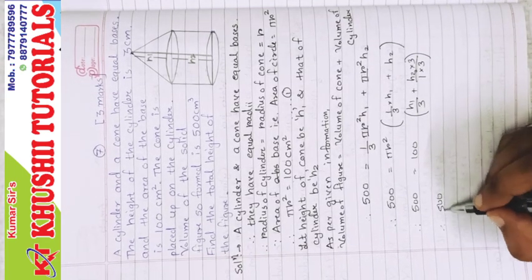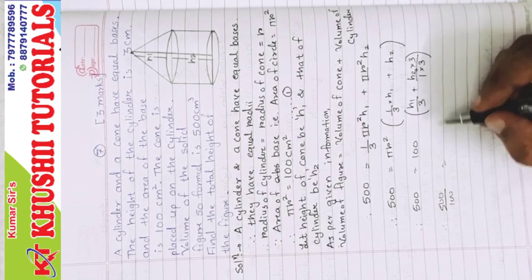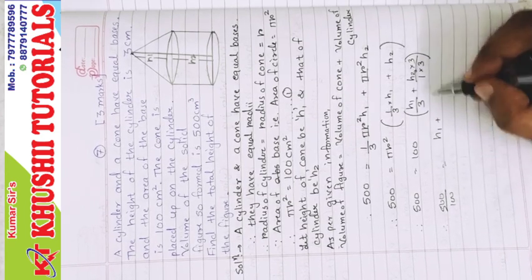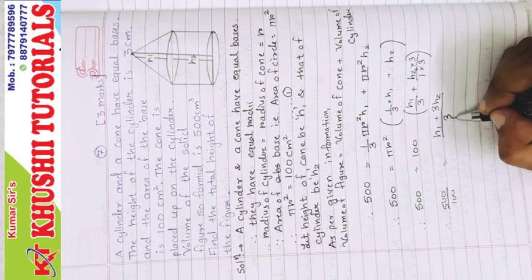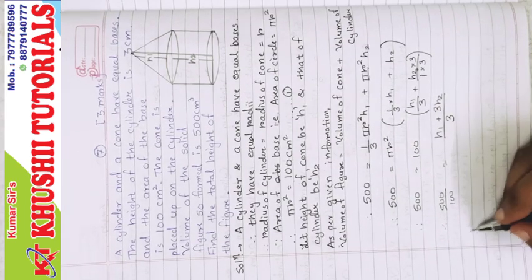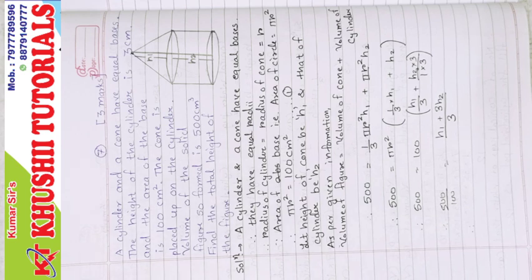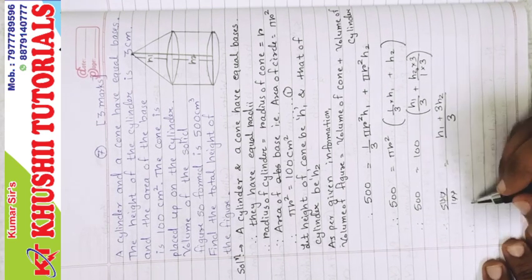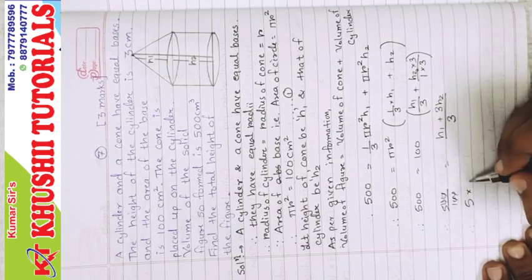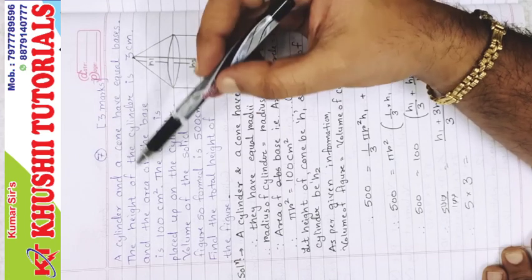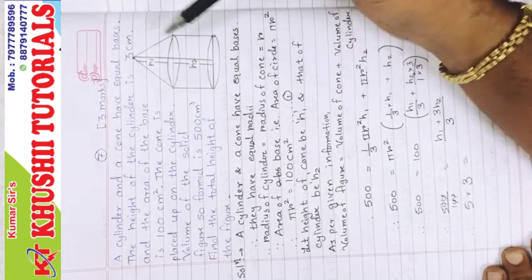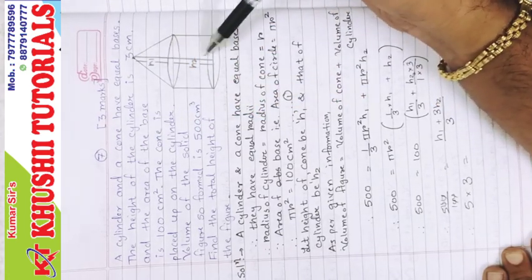So 500 upon 100 equal to h1 plus 3h2 upon 3. Correct? Now 0 0 will get cancelled, 5, this 3 will come on this side, equal to, now height of the cylinder is 3, so h2 is given, correct?